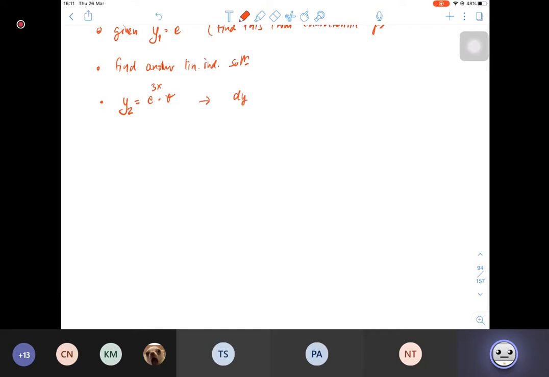Okay. So we take the first derivative. Let's say I just drop the subscript here. So dy by dx would be e to the power of 3x times dv by dx plus 3e to the power of 3x times v.